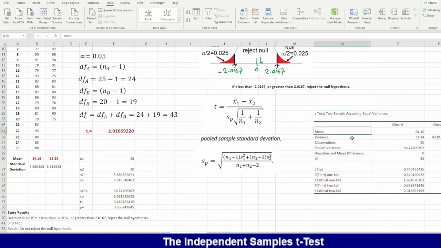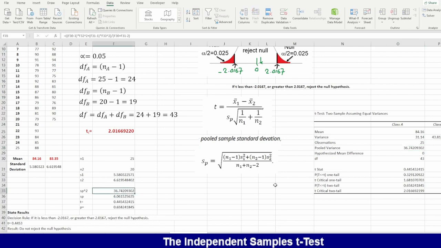The mean is 84 and 83, which is the same here. The standard deviation is 5 and 6 here. This is the variance. You take the square root of these numbers, you would have the same answers. 25 observations, that's n1 and n2. And this is the pooled variance, which is here.